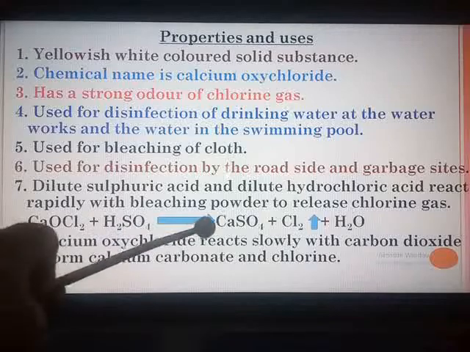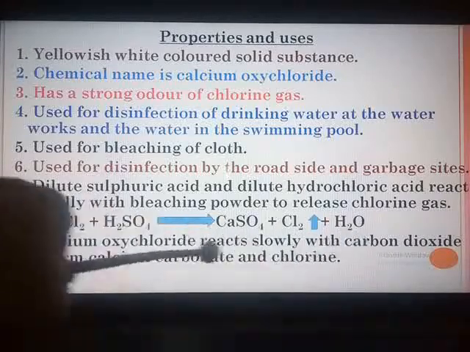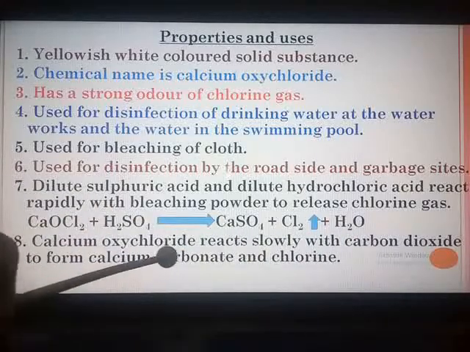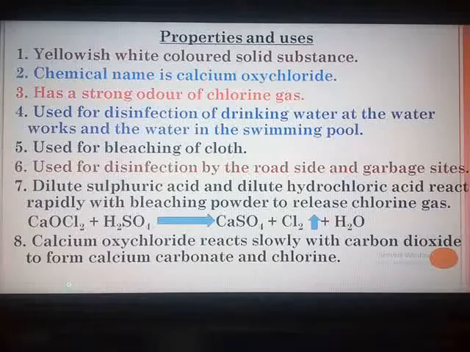Calcium oxychloride also reacts slowly with carbon dioxide to form calcium carbonate and chlorine gas. So here we complete three salts. The first is sodium chloride, the second is sodium bicarbonate or baking soda, and the third one is bleaching powder or calcium oxychloride.